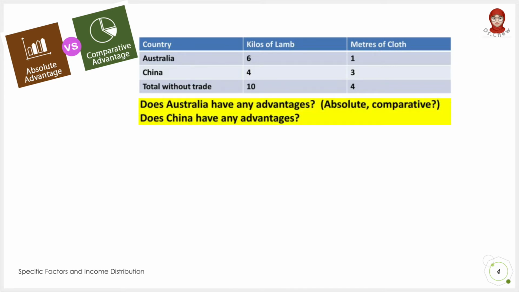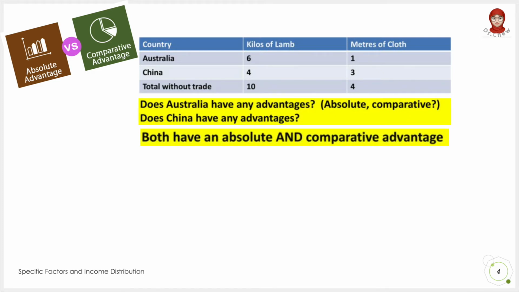So the question is, does Australia or China have any advantage? It could be either absolute or comparative advantage. The answer is that both have an absolute and comparative advantage.